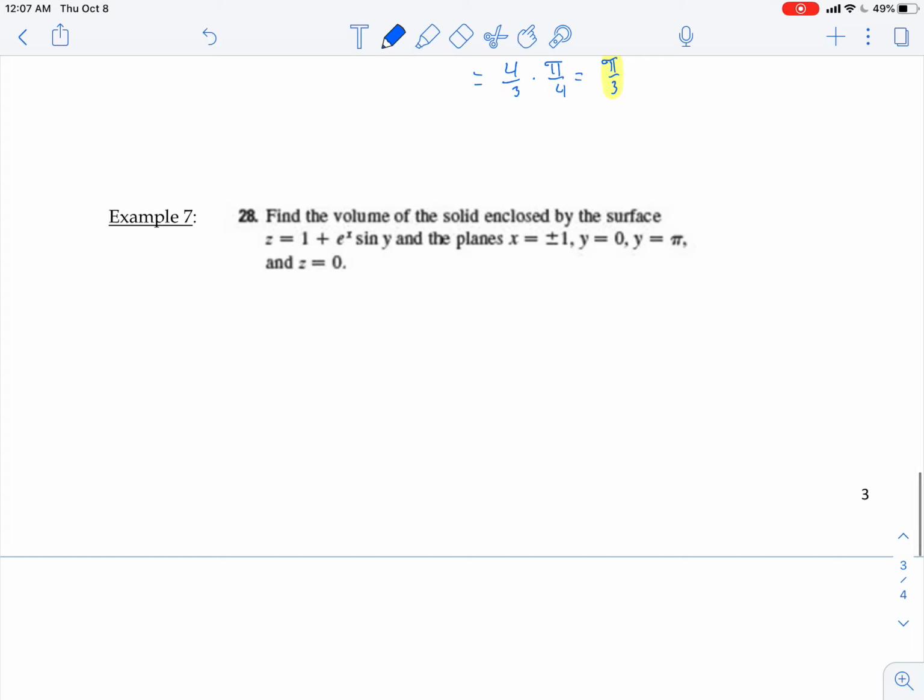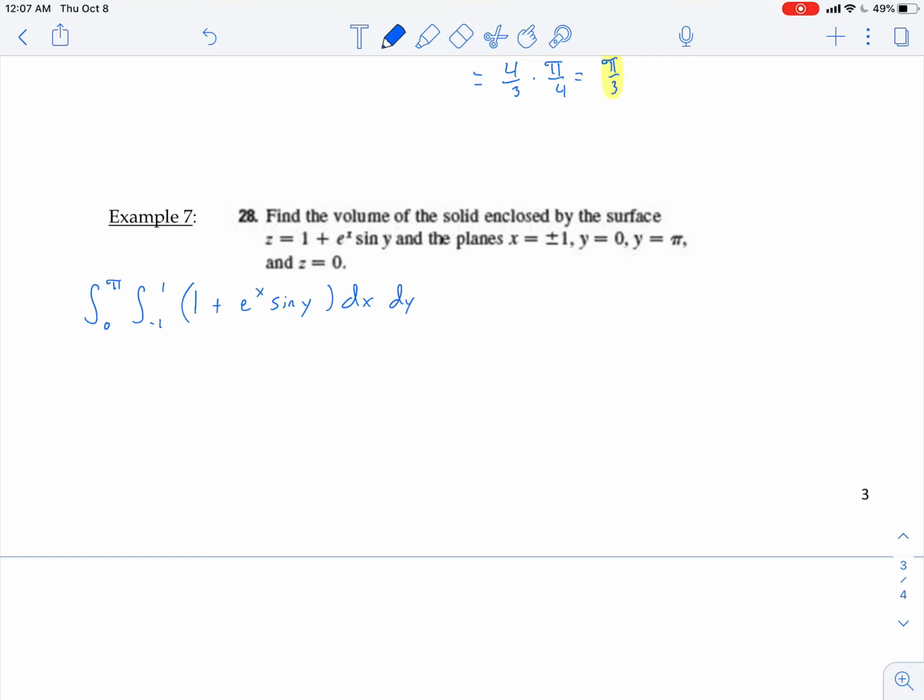Alright. So I'm going to go ahead and set up my double integral, because I want to find volume. And so I'm just going to say, let's go ahead and do y first. 0 to pi, and then -1 to 1, and we're going to say 1 plus e to the x sine y dx dy.